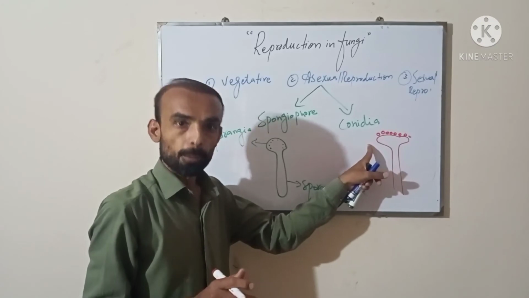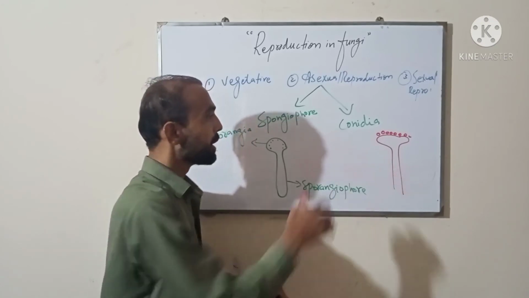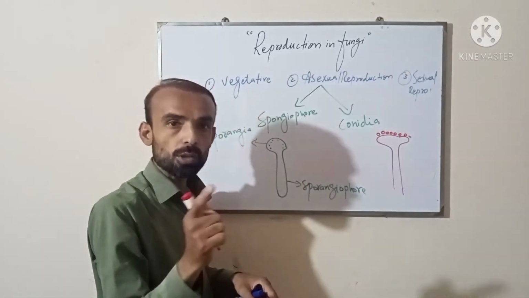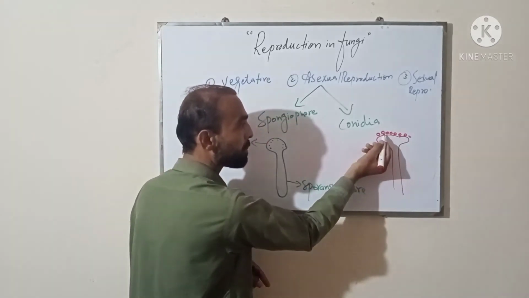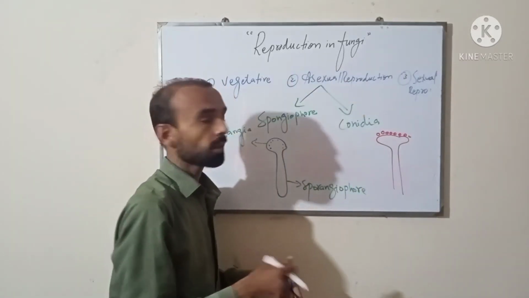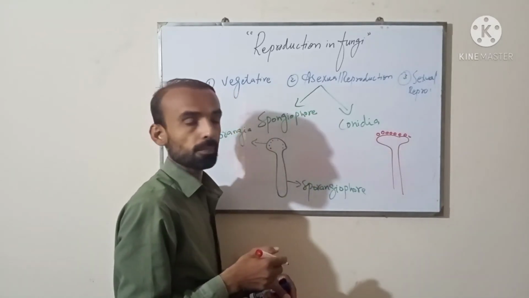Non-motile spores are produced, but these spores are present at the tip of hyphae, not inside the sporangia.